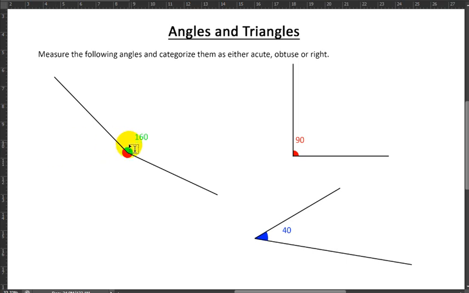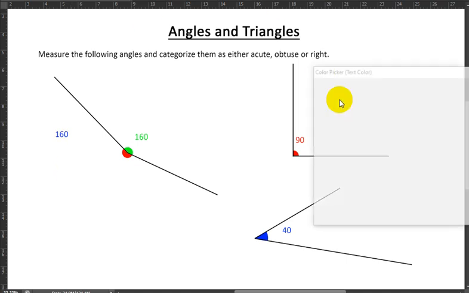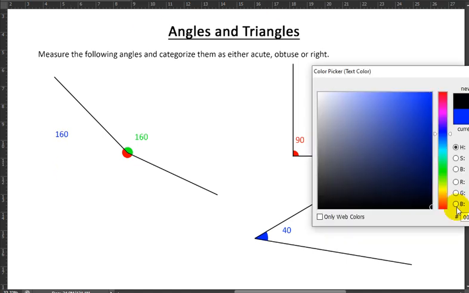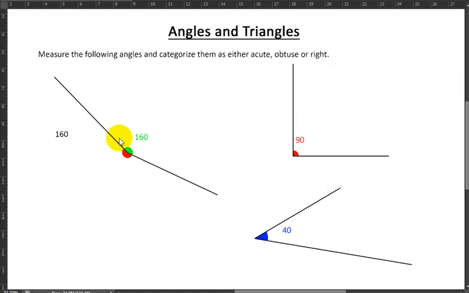So basically what that means is that these two angles together, the green and the red, need to make 360. So that means that the green angle, 160, let's just use black now. So 160, and then the red angle, whatever that is, need to make 360.